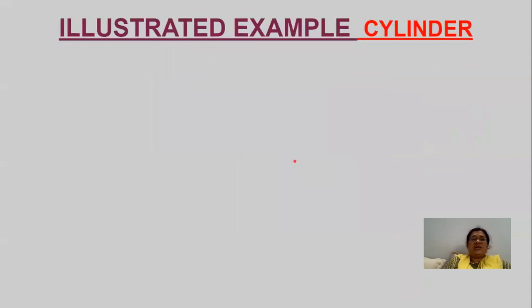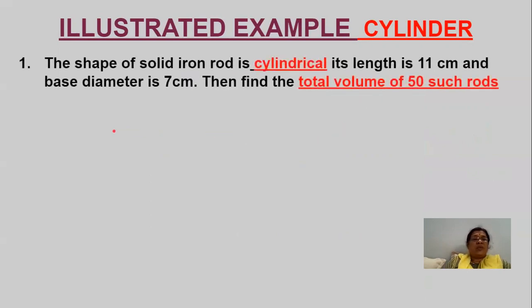Very easy. Now again, one more example. This is regarding cylinder. See, this is the problem. The shape of the solid iron rod is cylindrical. So cylinder means you should not draw a cone diagram or a cuboid diagram.